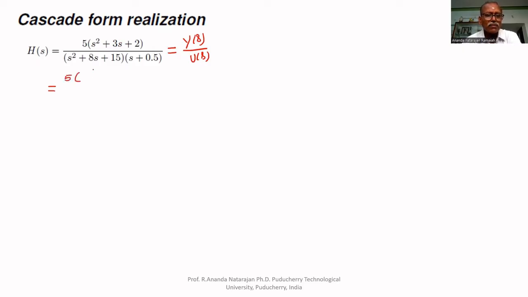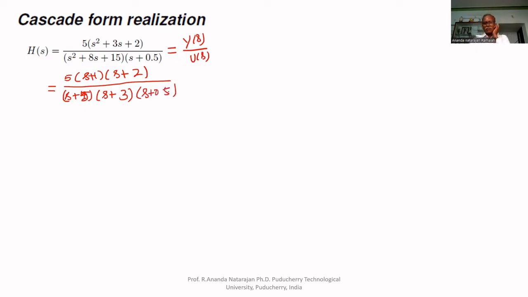If you factorize that, what you will get is s plus 1, s plus 2 upon s plus 5, s plus 3 and s plus 0.5. So this way we further factorized this.